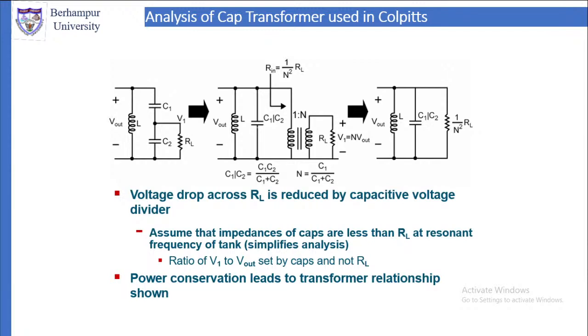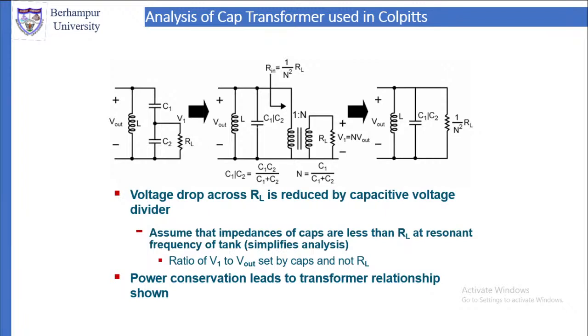Vout is whatever is the output voltage across the inductor L. Then C1 in series with C2, the equivalent of that capacitance, is in parallel with L, and that is in parallel with Rin. So Rin is 1 by N square into RL.